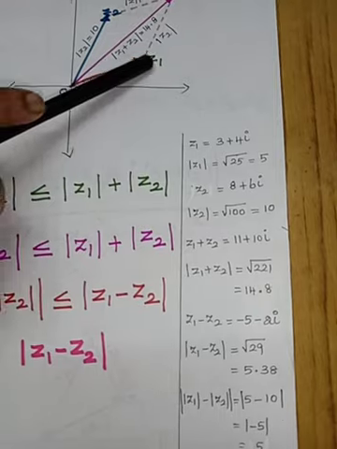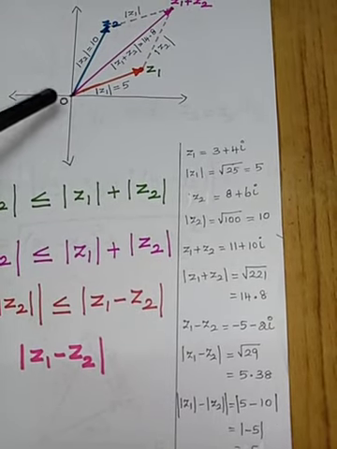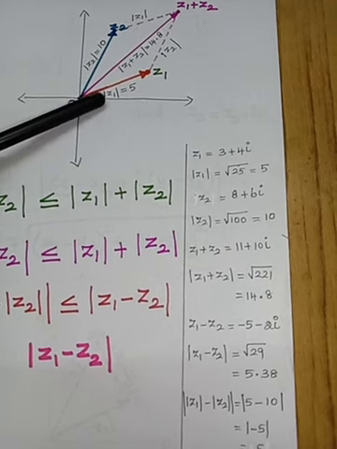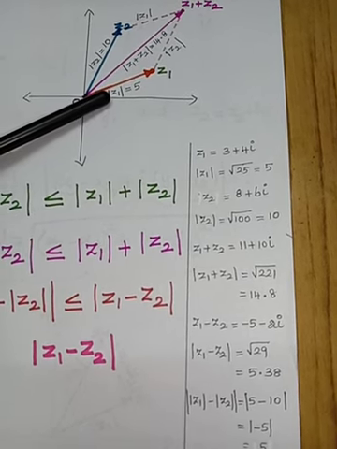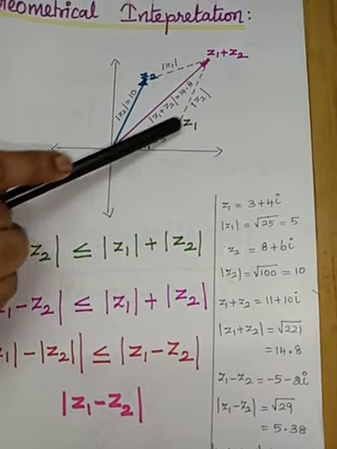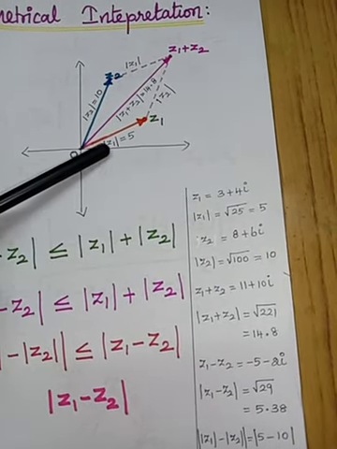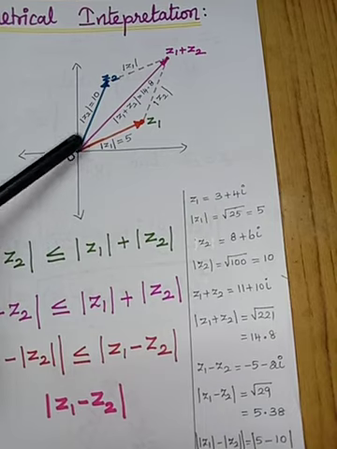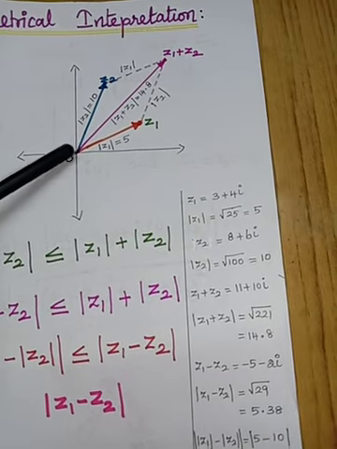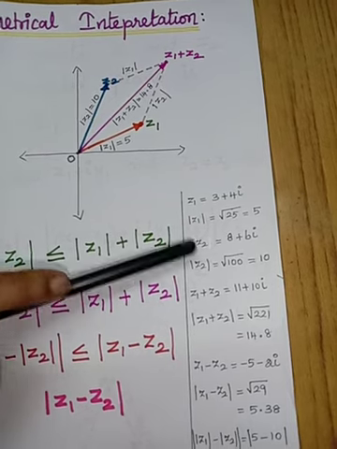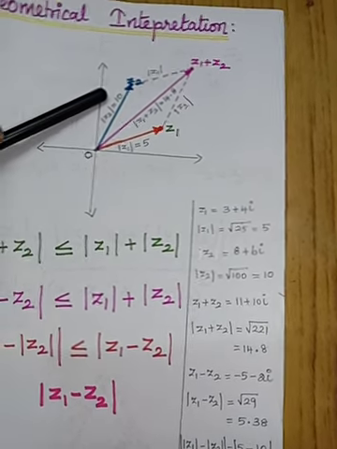In your diagram, the distance between the origin and the complex number is nothing but the modulus of the complex number. So this distance is modulus of z1, which is 5, and here modulus of z2, the distance from the origin to the complex number, is 10.